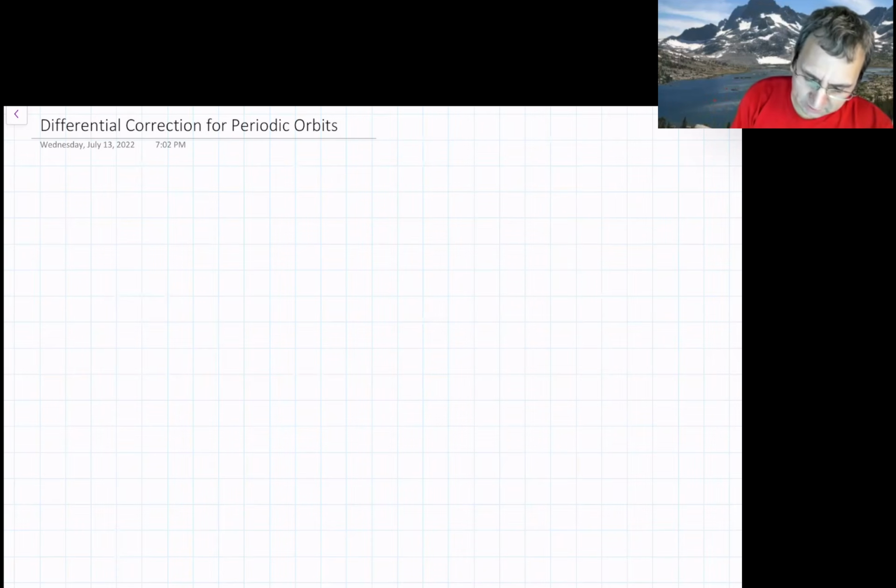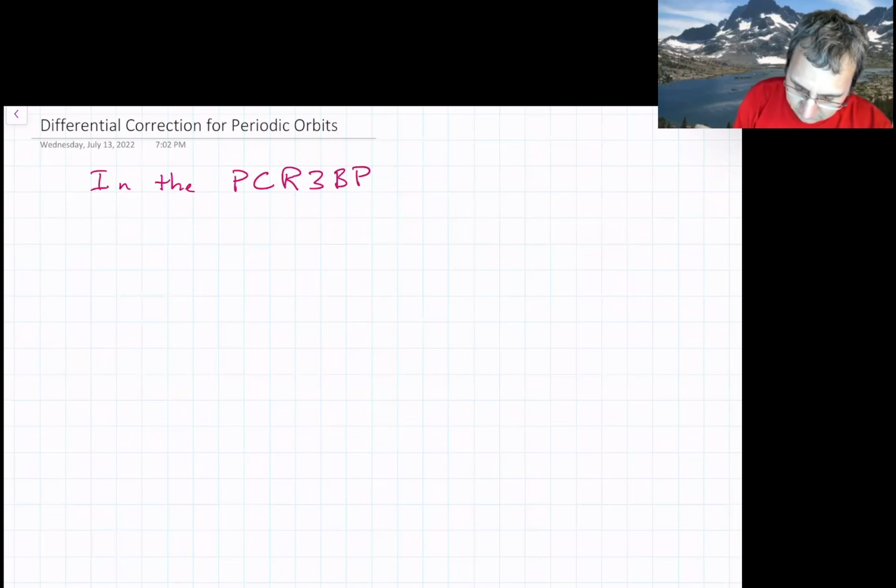So if we want to find a periodic orbit, I'll focus on, say, finding a periodic orbit around L1. So in the planar circular restricted three-body problem, let's find a planar Lyapunov orbit.